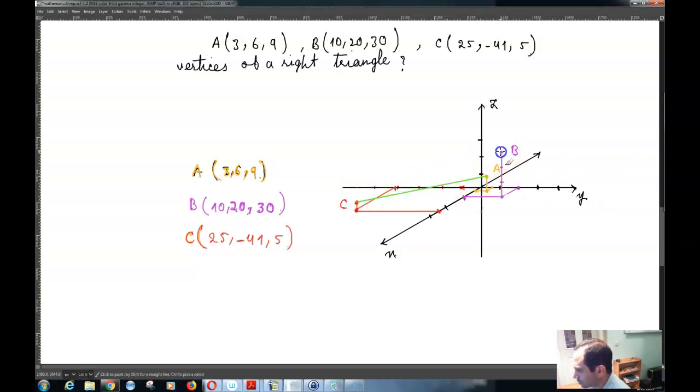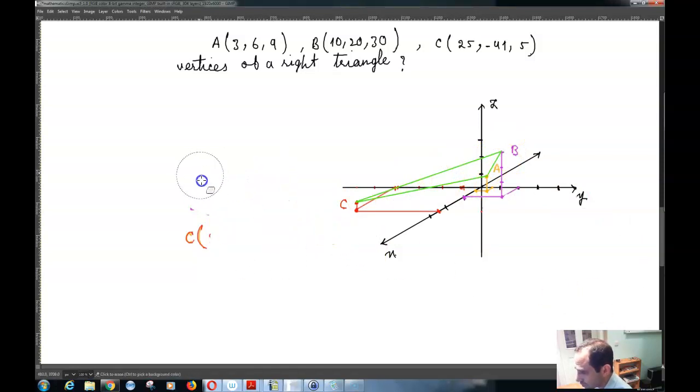Now if I connected these points together, I would get this point over here, this point over here, and this point over here. Of course, as you can see, the triangle doesn't really seem to be a right triangle. Of course, you should never trust the diagram that you draw this way.